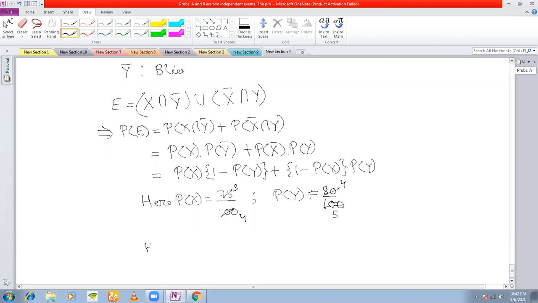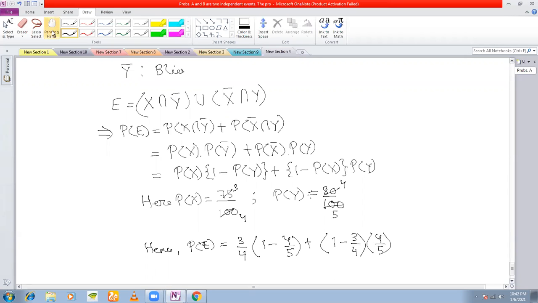So therefore, P(E) is equal to P(X) 3 by 4 into 1 minus 4 by 5, plus 1 minus P(X) into P(Y), which is 4 by 5.